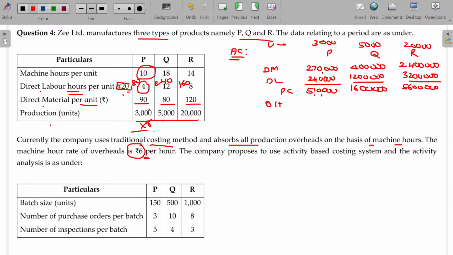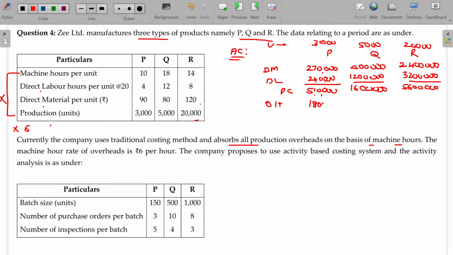Per hour ₹6, so 10 into 3000 into 6 you have to multiply. Machine hours per unit into number of units, thereafter again you multiply with 6. 30,000 into 6, 1,80,000.